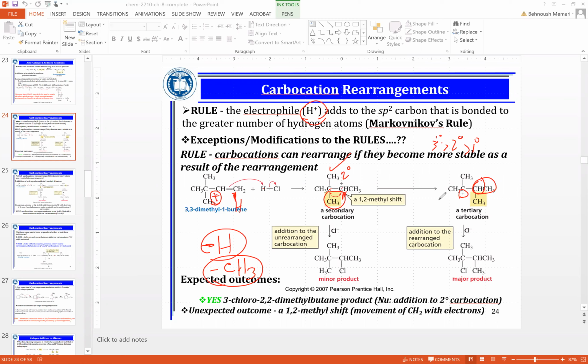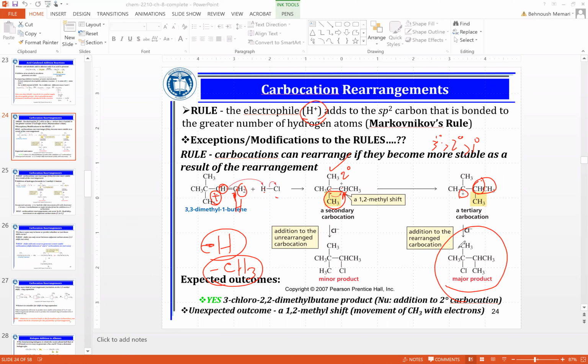So your final product is not what you would expect simply by adding H and Cl following the Markovnikov rule, adding H to the first carbon because it has 2 hydrogens already, and Cl to the second carbon because it has only one hydrogen. So you would see a rearranged product, and that would be the major product.